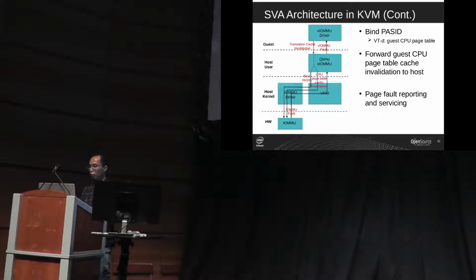So we need to report it to user space, like QEMU, the virtual IOMMU emulation device model, and then inject it to the guest, so that the guest IOMMU driver can receive it and address the page request.